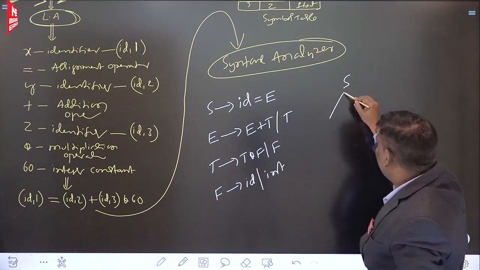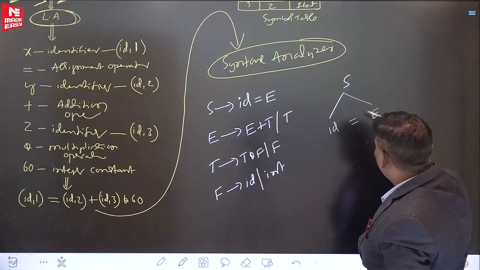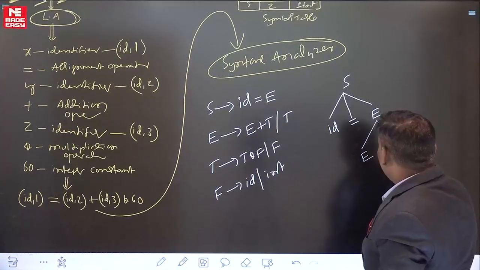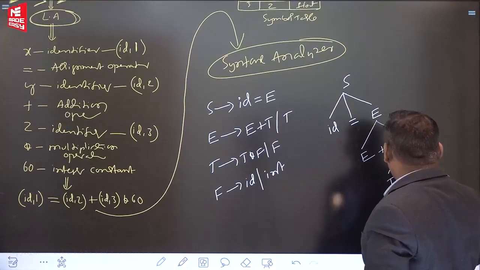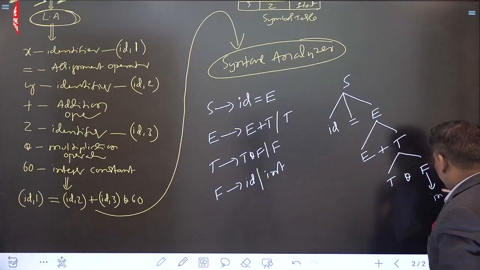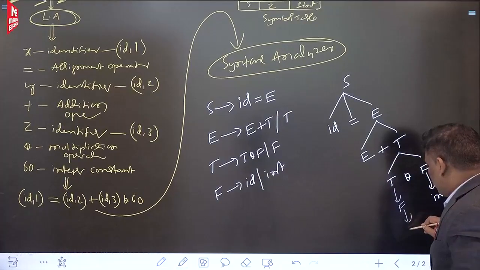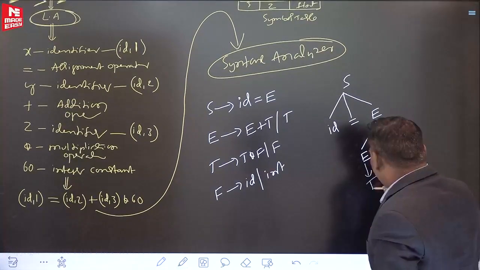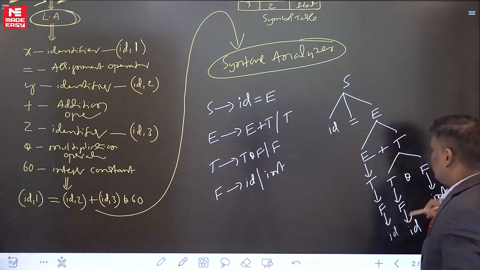S goes to id equals E. E goes to E plus T. T goes to T star F. F goes to int. T goes to F. F goes to id. E goes to T. T goes to F. F goes to id.